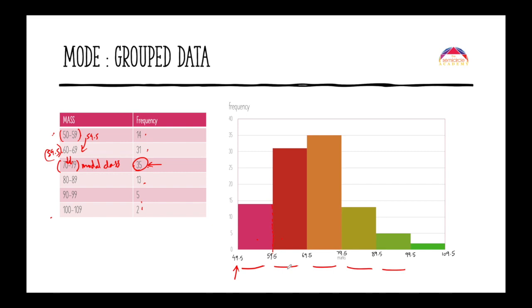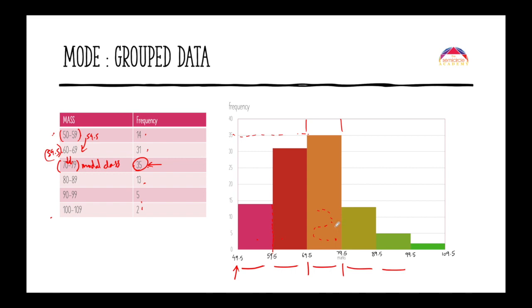What we actually have to do is look at the histogram. We could see here that this is the highest frequency, and this here is our modal class, right? The highest frequency tells us that the mode is taking place somewhere inside of this class between 69.5 and 79.5.